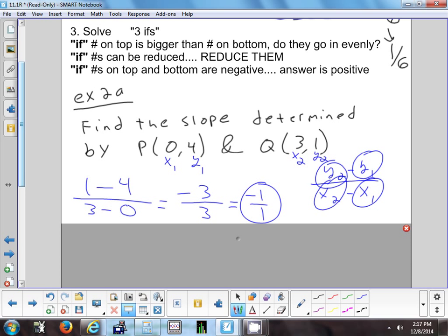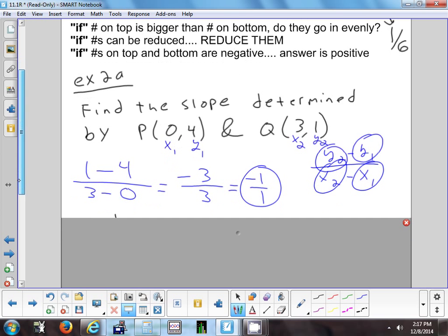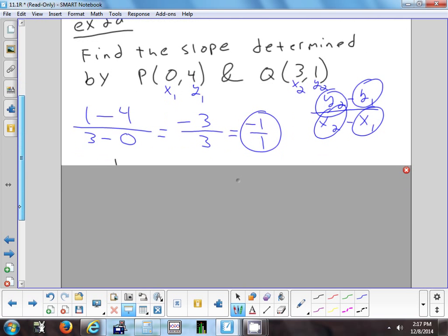If you wrote negative 1, we'd also accept that. Like Kayla just said, negative 1 over 1, you can leave it like that. It's actually good to leave it like that because tomorrow, when you have a slope of negative 1, or any whole number as a slope, you need to know that it goes over 1. You can't just leave it as negative 1. You need to know it goes over 1.